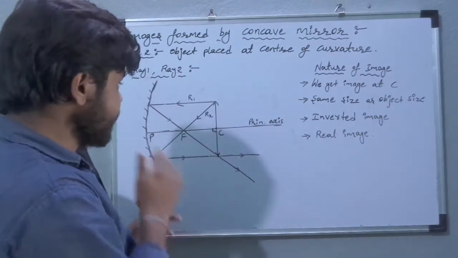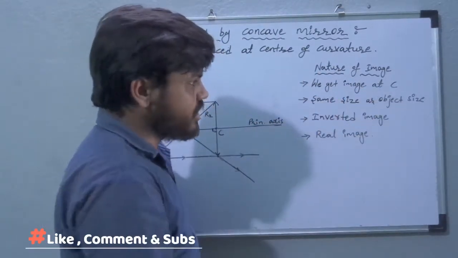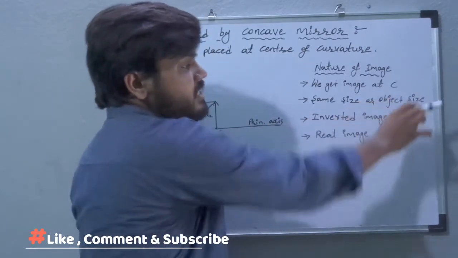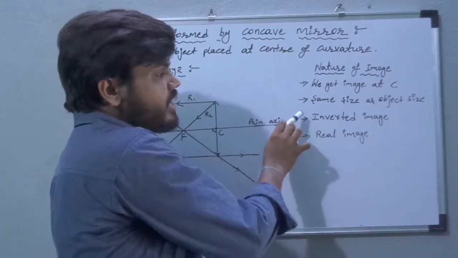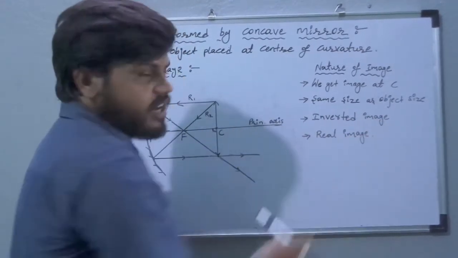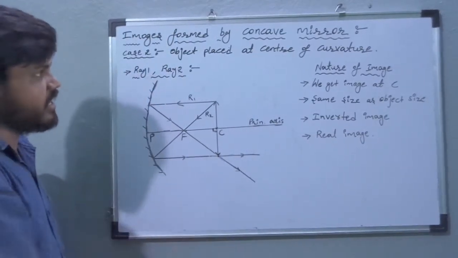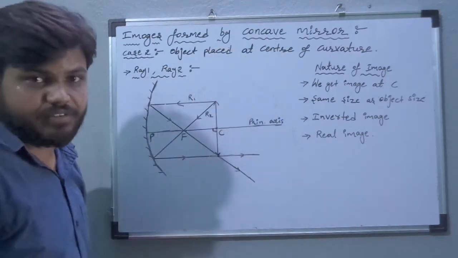Okay, next. See, the nature I already wrote. We get the image at the center of curvature, and the image size is equal to the object size. We get an inverted image, and a real image. This is the ray diagram of case 2, when we place the object at the center of curvature.